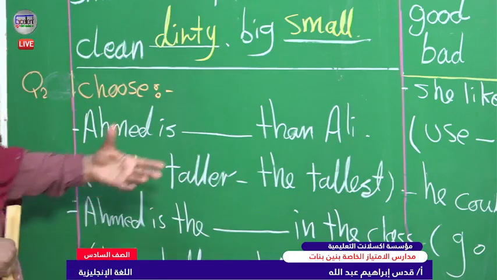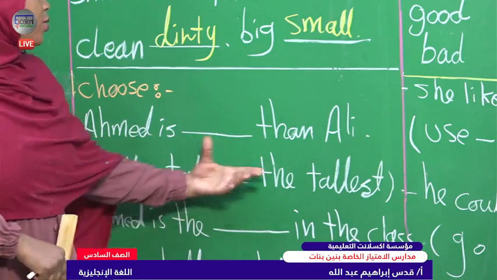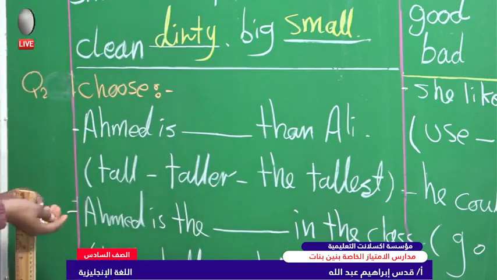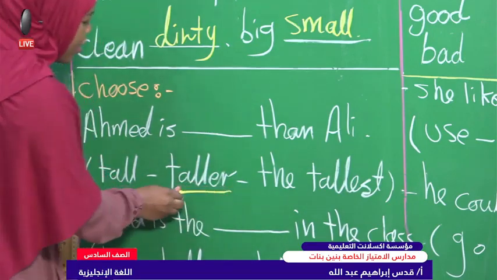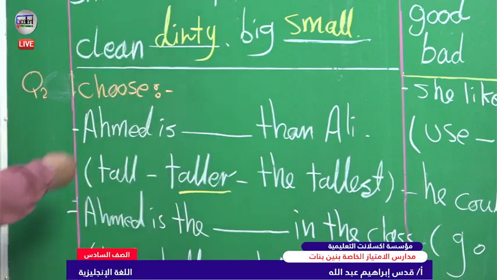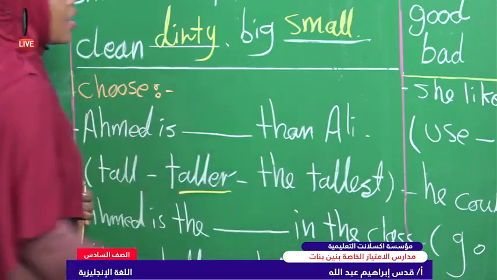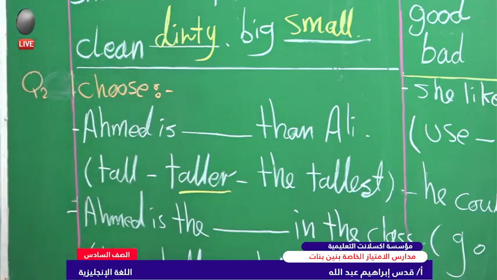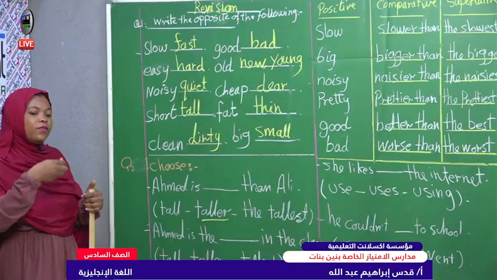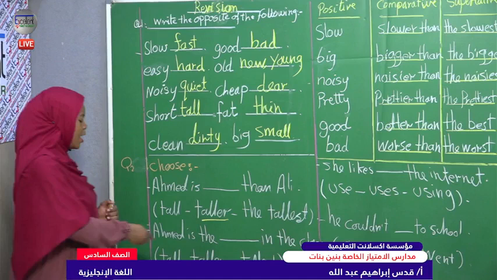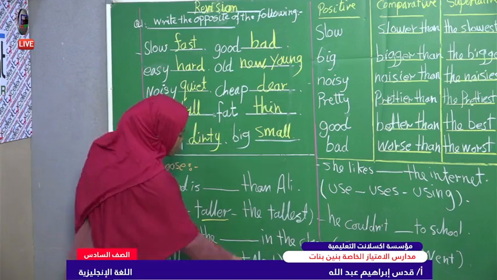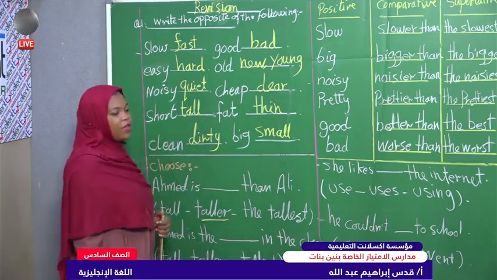Tall, taller, the tallest. I'm gonna choose, yes, taller than, أطول من, because it is a comparison. Ahmed is the dash in the class. أنا هنا اديته الأفضلية في كل الفصل. It will be: Ahmed is the tallest in the class.